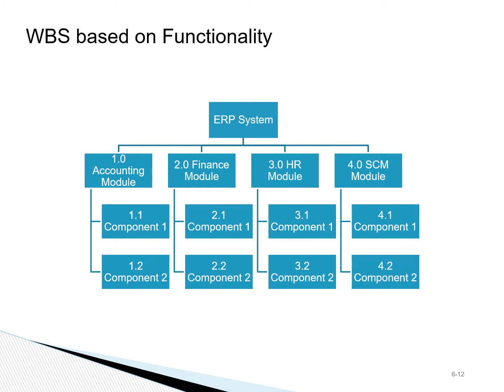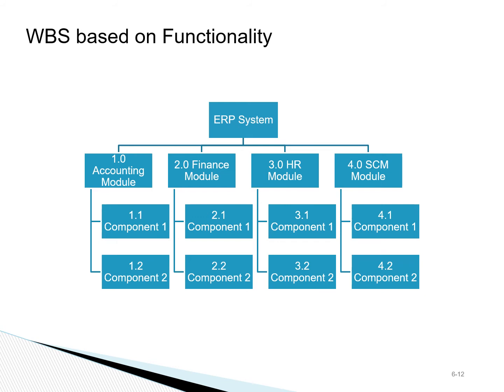Another way to break down a project is through its functionality. As shown in this example, when we look at an enterprise resource planning (ERP) system, it may have the accounting module, the finance module, HR module, and so forth.